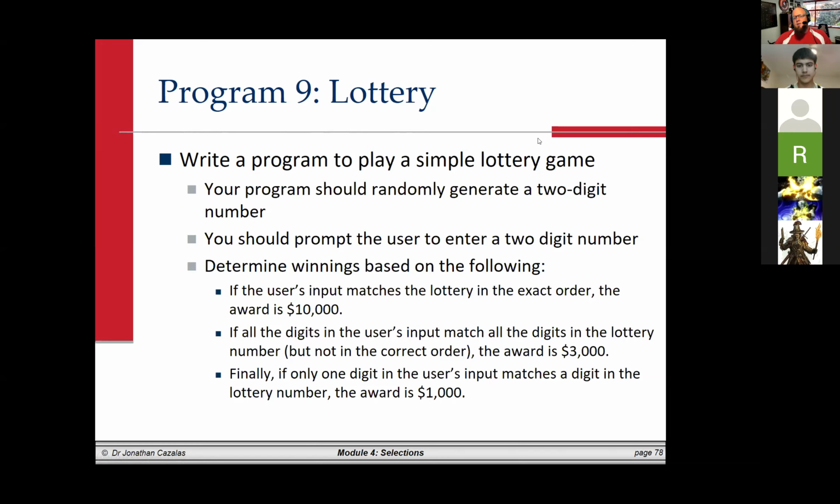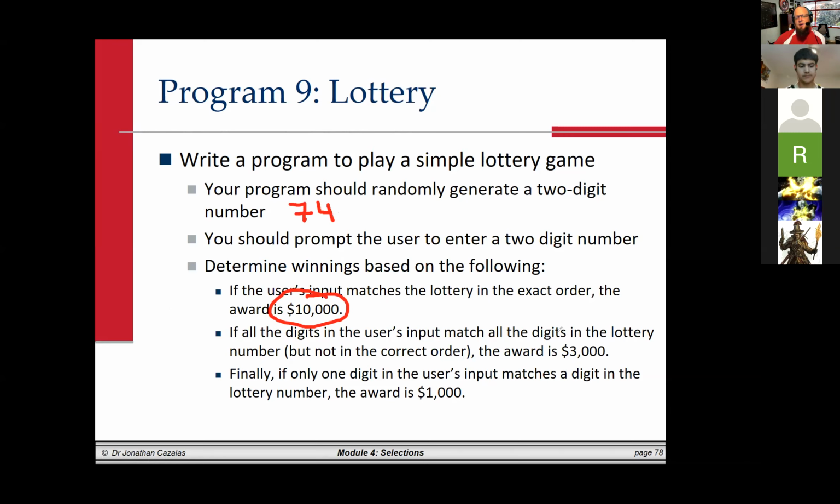And if only one digit matches, they win $1,000. Let's look at this for clarity. You randomly generate a 2-digit number. Let's just say the number generated is 74. Then you ask the user to enter a 2-digit number to see if you win. Well, if they enter 74 by chance, guess what? They get $10,000, and you should prompt them, hey, you win $10,000.